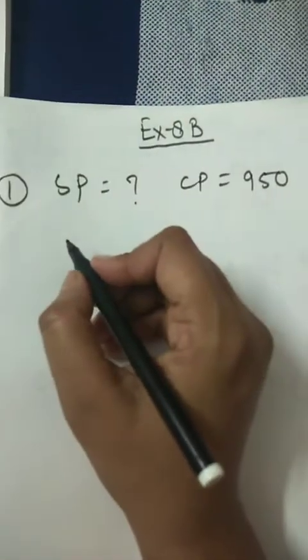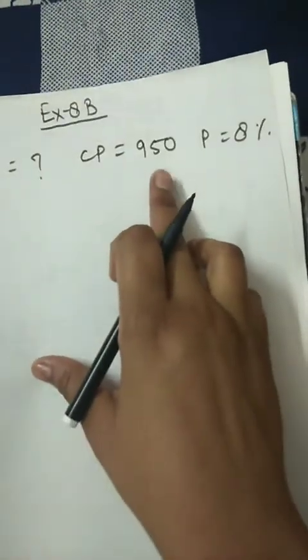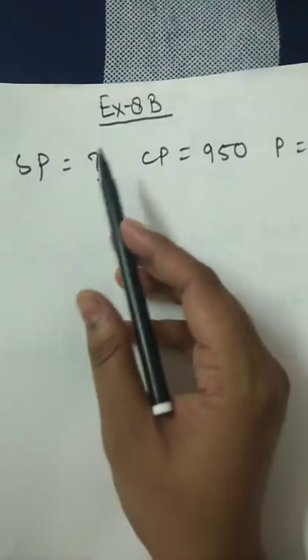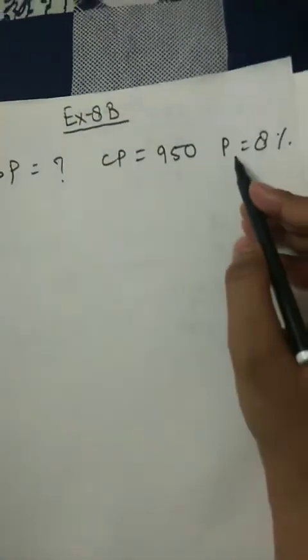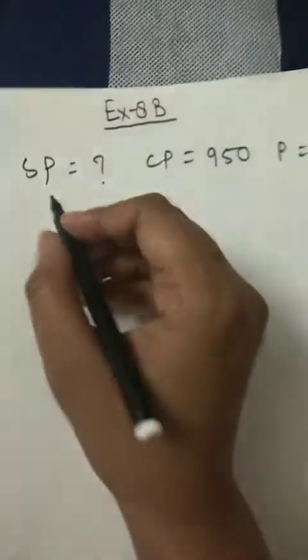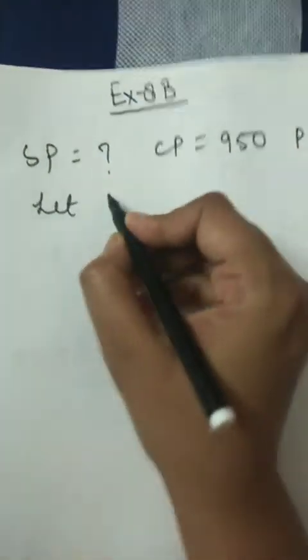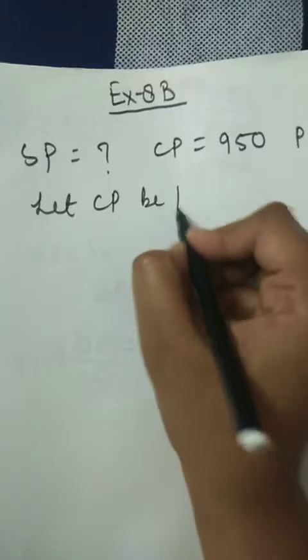Students, in this type of question, when cost price and profit percent are given, we will always let CP be 100.